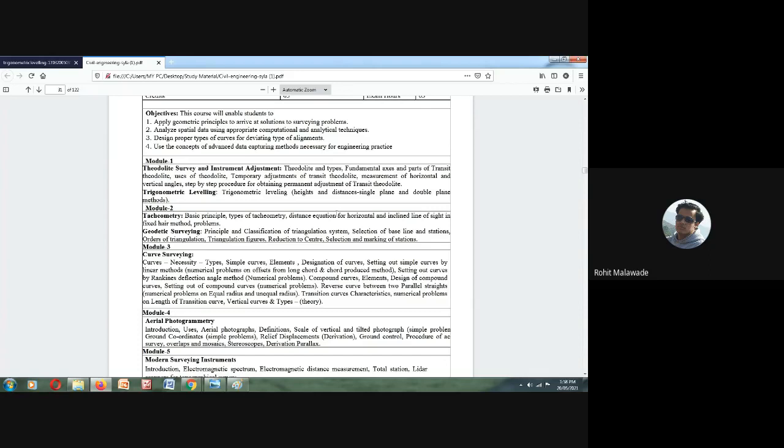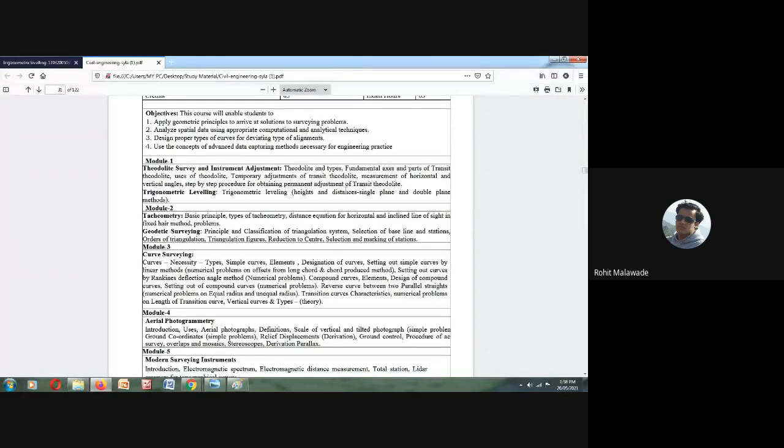In the next class onwards we are going to discuss module 2. We are going to merge with division B, fourth B also, as tomorrow they don't have any class. So for tomorrow you also there will be no class, right?